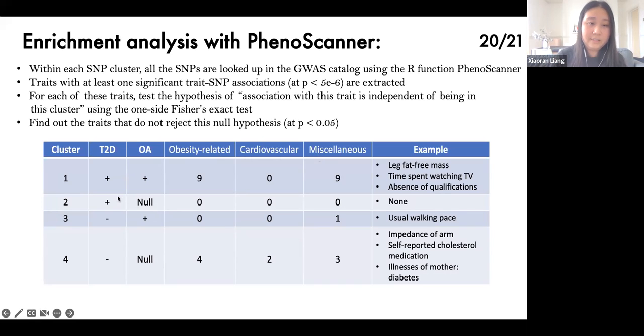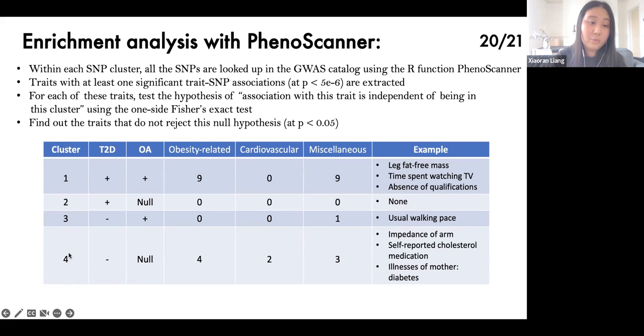So this table summarizes the enrichment analysis results. For example, cluster 1, which indicates increasing risk for both conditions, is enriched with 9 obesity-related traits and some traits that might reflect lower socioeconomic status, like more time spent watching TV and absence of qualifications.